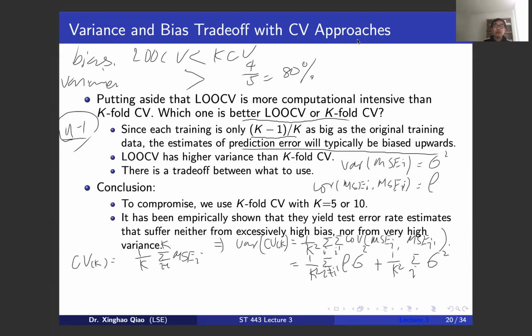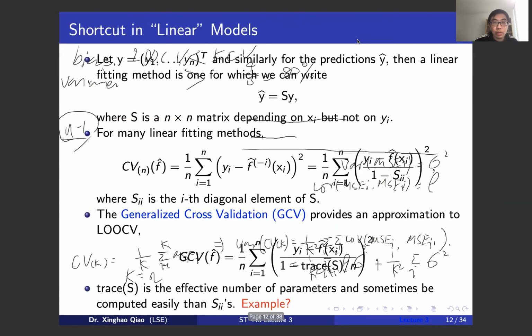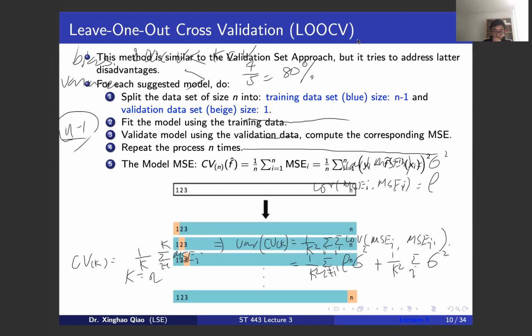Now consider LOOCV. LOOCV is the case where K equals n. Remember what LOOCV is? Let's go to the illustration. For the first time, you treat the first observation as the testing set and the remaining as the training set.